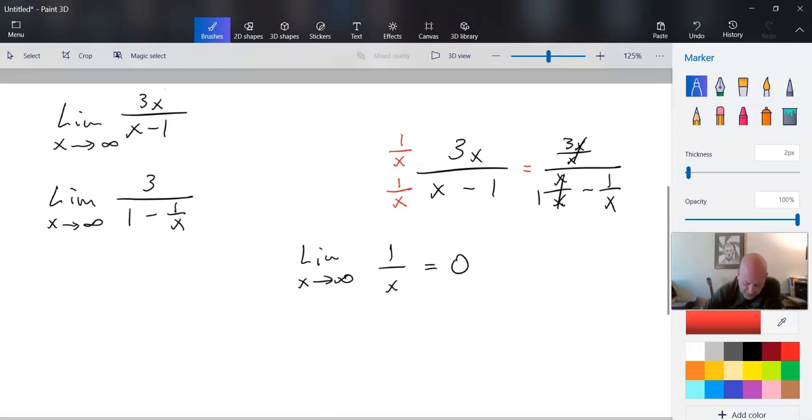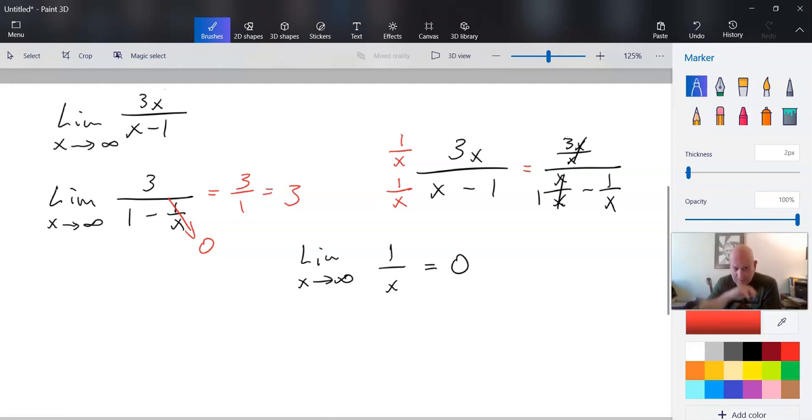And so this is the notation we use. These guys aren't going to change because there's no x next to them to change their value. This one, we just write it this way. It goes to 0. And if it goes to 0 and there's nothing left to plug anything in with, this is 3 over 1, or the limit is just 3, which is actually kind of cool, right?